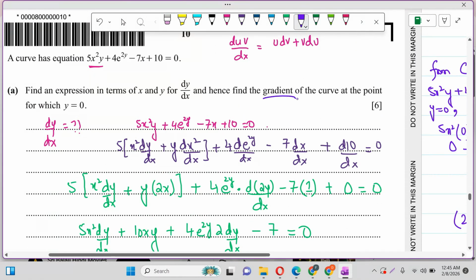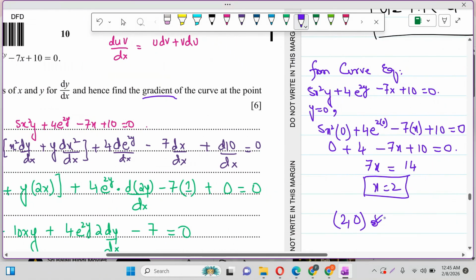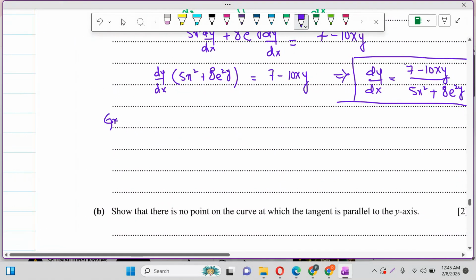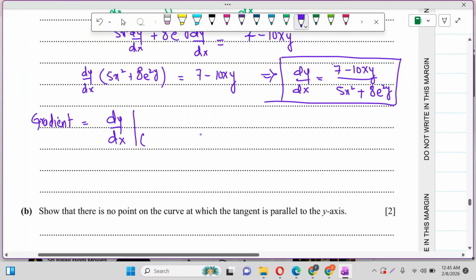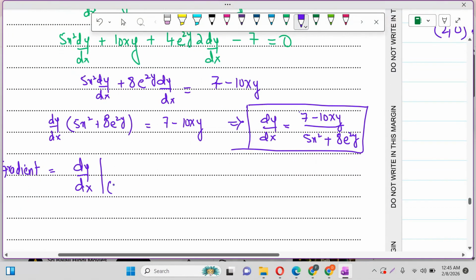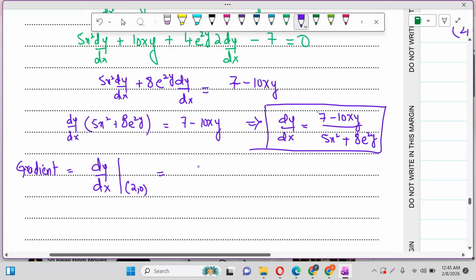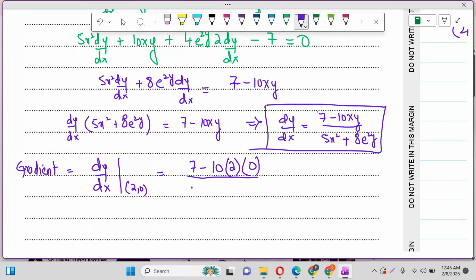Now we need to find the gradient of the curve at this point. So we can say that the gradient is equal to the derivative at the point where y is equal to 0 and the x coordinate is 2, so (2, 0). Plugging this point into the derivative expression, we will have the gradient. So 7 minus 10 times x, which is 2, times y, which is 0, over 5x squared, meaning 5 times 2 squared, plus 8 exponential of 2y, meaning exponential of 2 times 0.